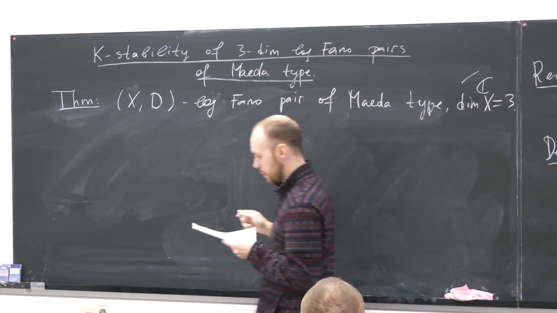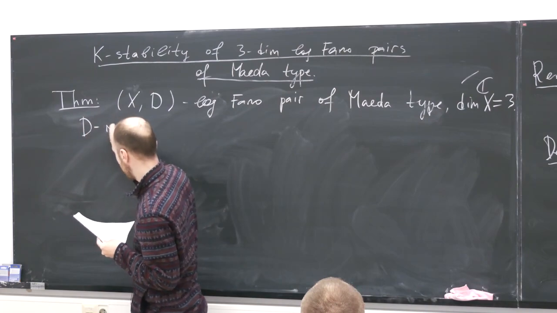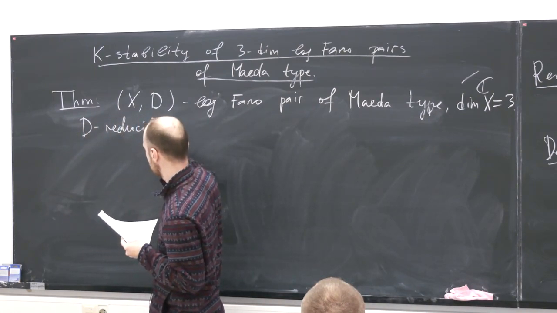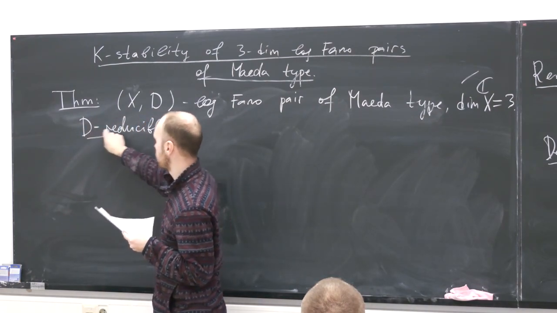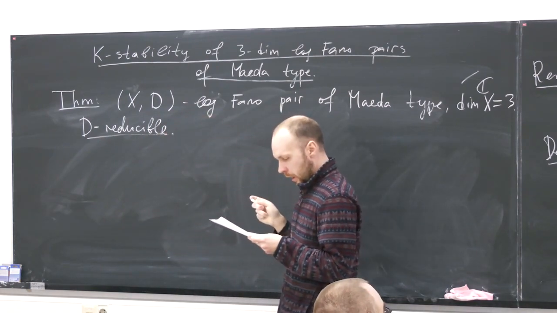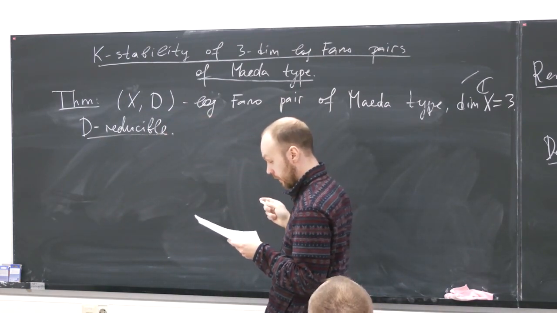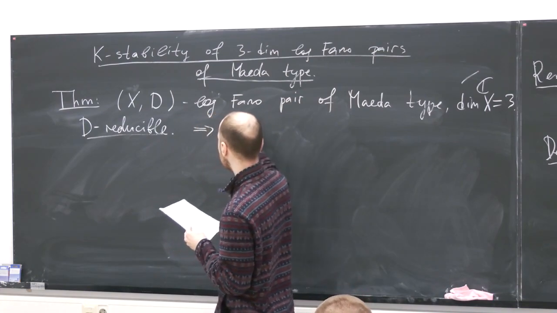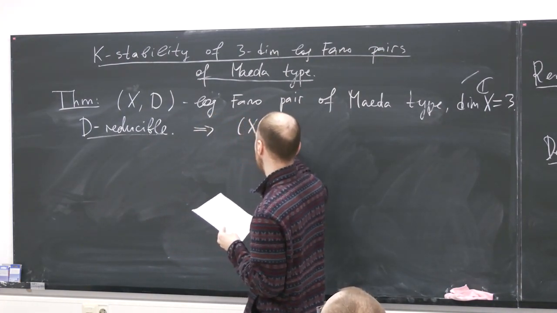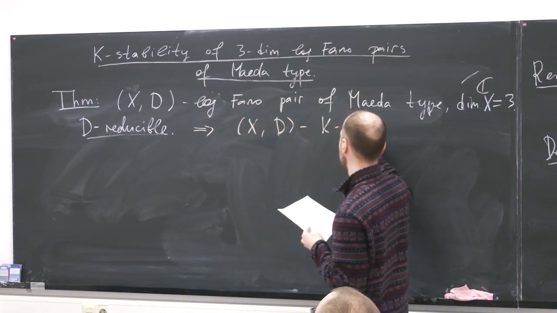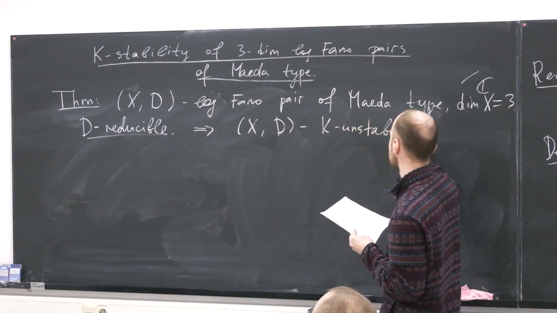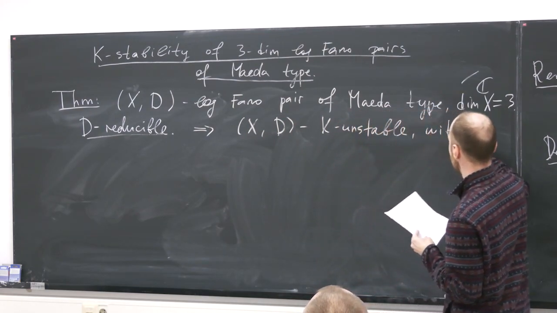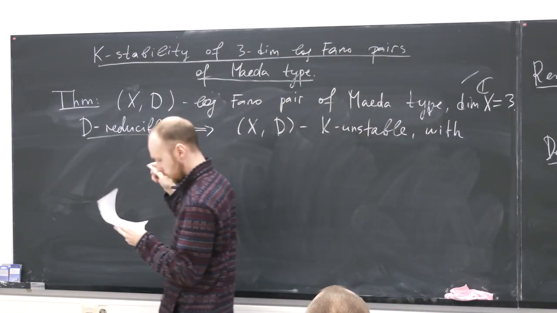Then assume further that D is reducible. I will comment on this assumption. Then this pair (X, D) is K-unstable with a finite number of exceptions.